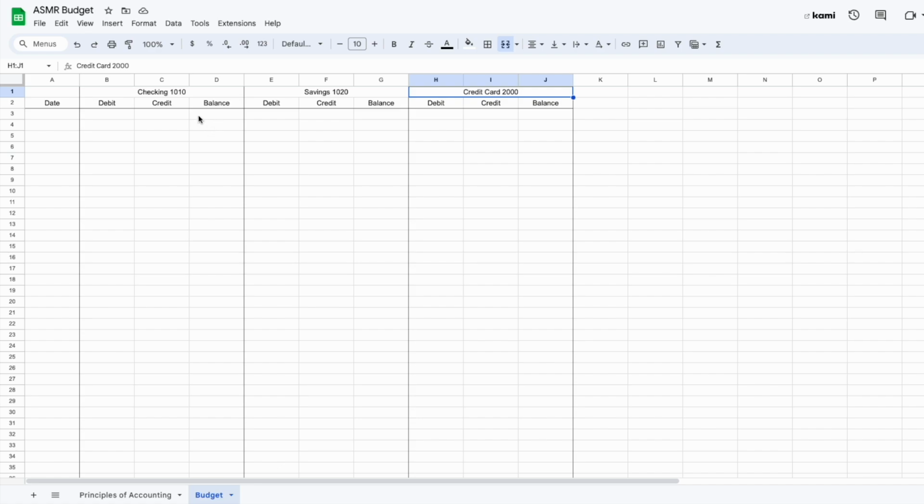Let's finish this sheet by first putting some formulas in these balance columns. Based on what we talked about earlier, we know that assets increase with a debit. We'll start on the second cell so we can make a running formula.